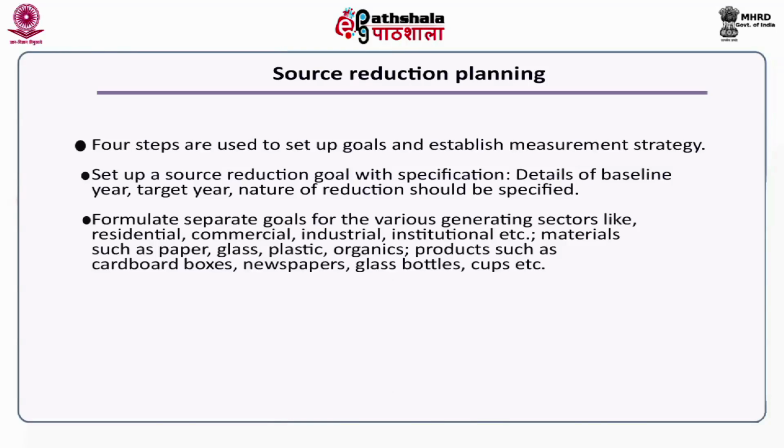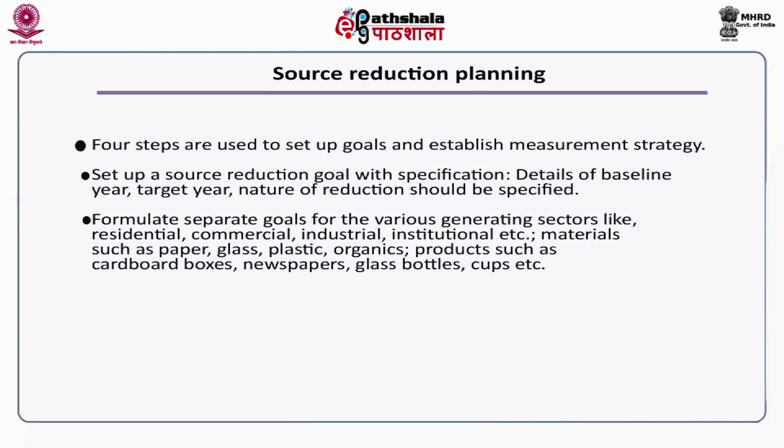The second step would be to formulate separate goals for waste that is being generated from different sources. A separate goal for the waste that is generated from a residential source, a separate goal for that which is generated from a commercial source, and likewise for industrial and institutional sources.